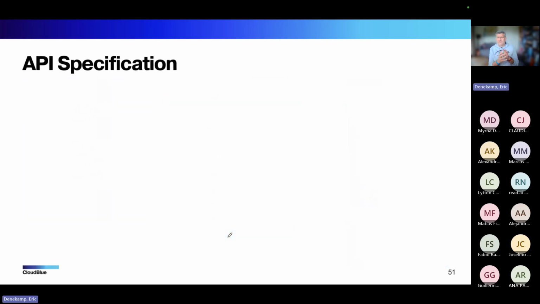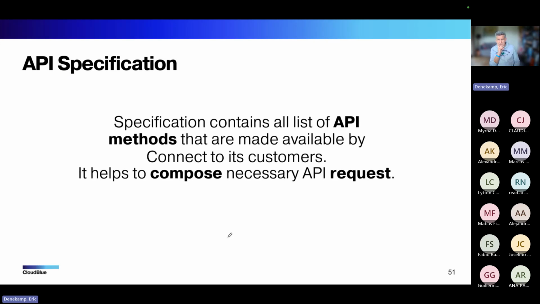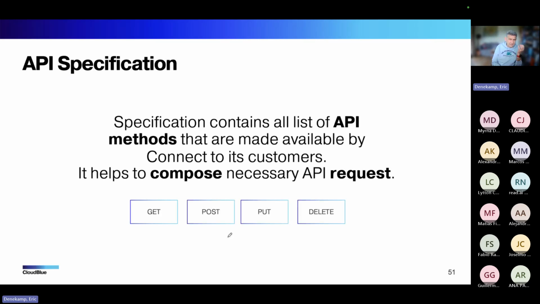What further do we have? Well, we've got our API specs, a list of API methods. I gave you the link already, or you know where to find the link. But we have the four methods, as I said: get, post, put, and delete. I would prefer to say post, get, put, and delete.